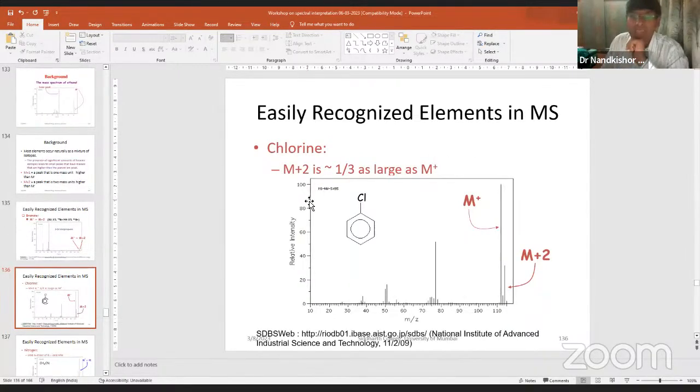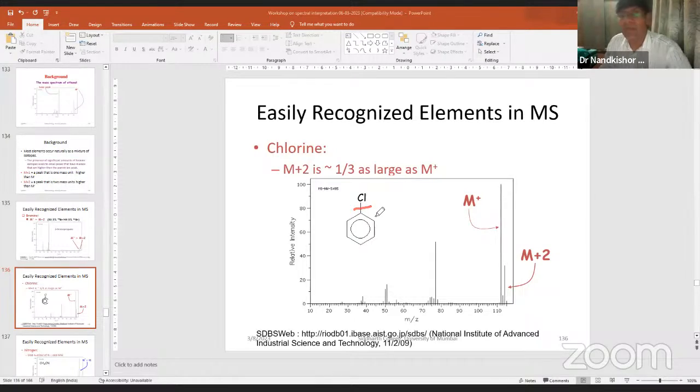Now chlorine, as I said, again has the possibility of M+2 because there are two isotopes: 35 is the M+ and 37 adds 2. Here 35 is about 75% whereas 37 is about 20%, so their intensities differ.